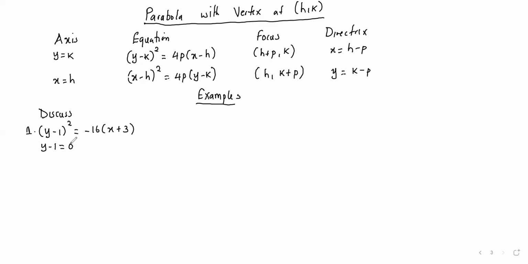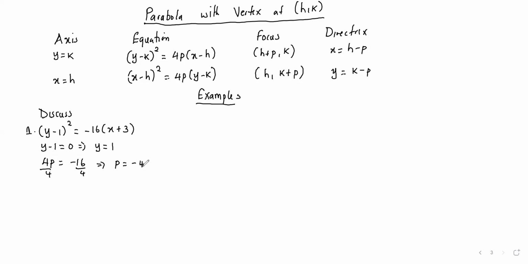So you equate what is in the bracket squared to 0. So you get y equal to 1. So we'll have the vertex on that line. And then we solve for p. So we have negative 16 there. When we divide by 4, what we get is that p is equal to negative 4.